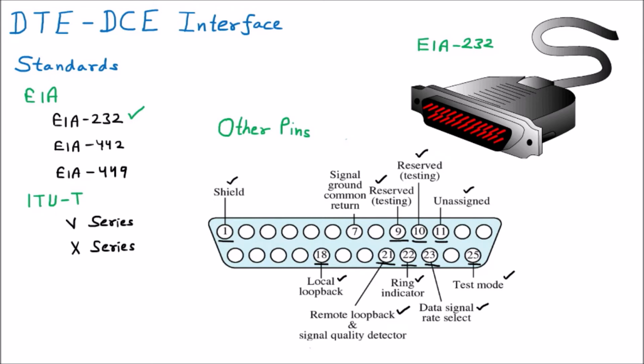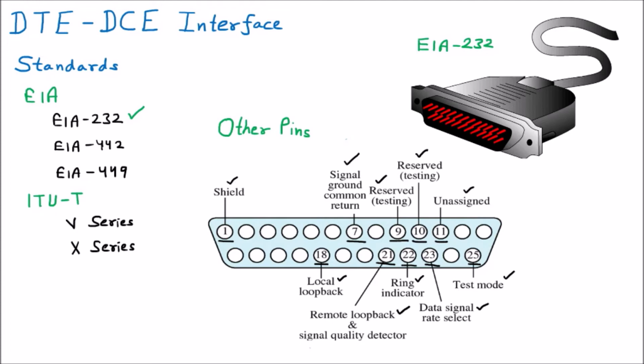Let us suppose you want to send the data at a specific speed. That is done with the help of pin number 23. And the last pin is pin number 7, signal ground common return. Every electronic circuit has a ground.